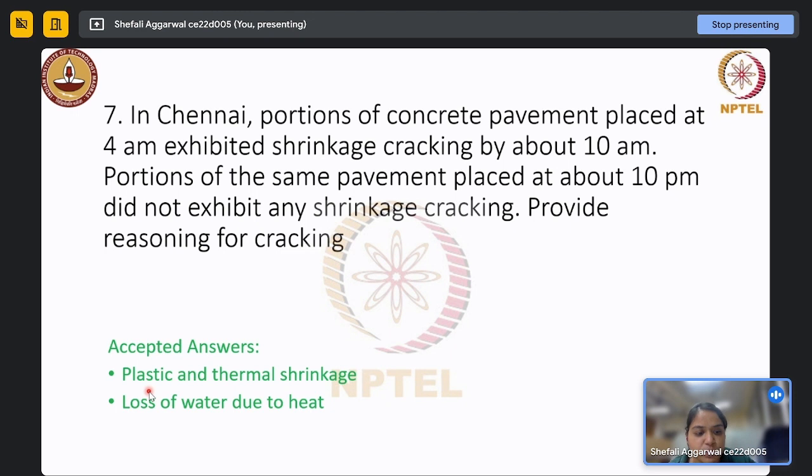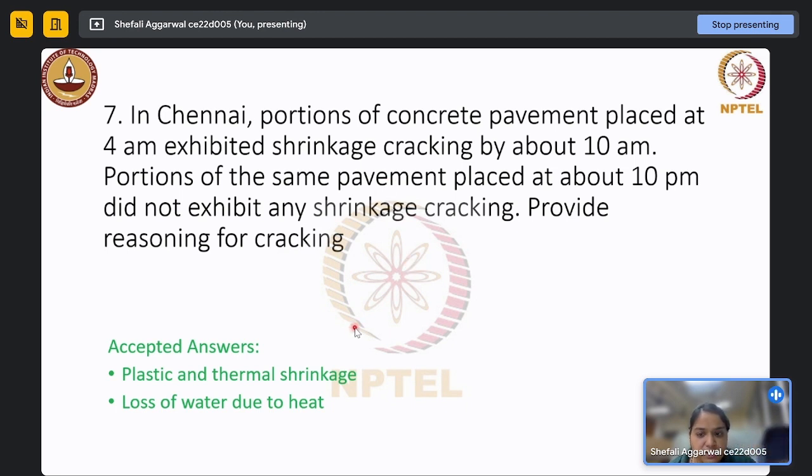Plastic shrinkage, as we know, because we are placing the concrete in the morning. If we are not providing proper curing, there are chances of plastic shrinkage. And thermal shrinkage, because 10 a.m. is the time of sunlight. Due to sunlight, there is evaporation of water, so it can cause thermal shrinkage.